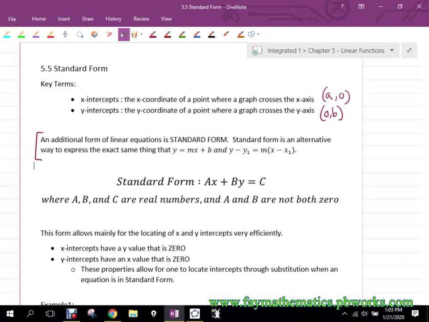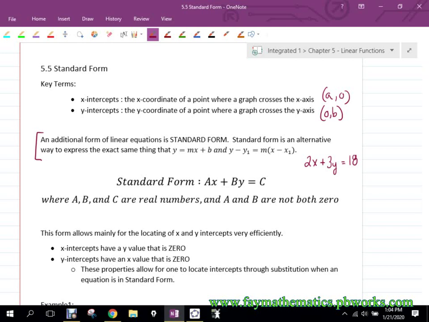What I mean by that is, let's say we got an equation here in standard form of, let's just say, 2x plus 3y equals 18. If I look at that, that's in standard form, right?